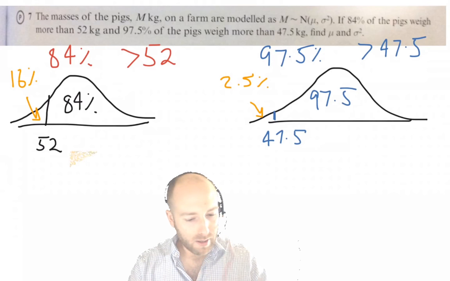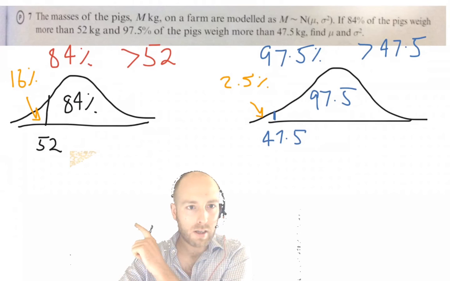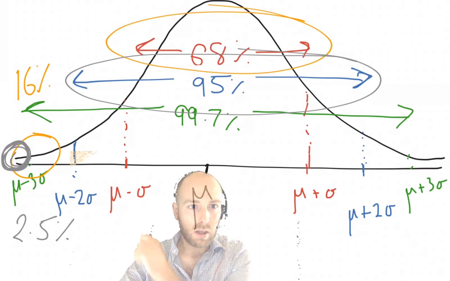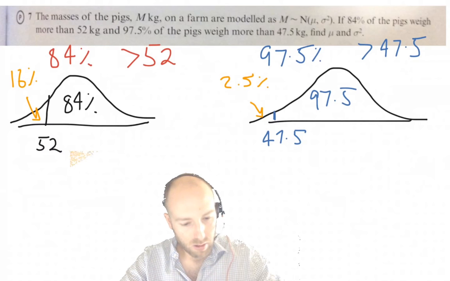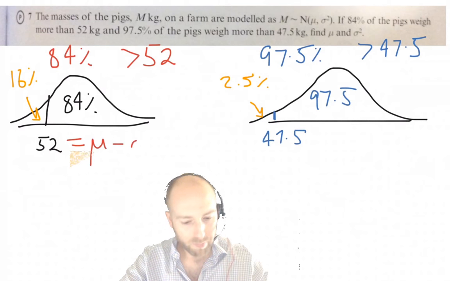So I then know basically that 52 in the first example is the same as, if we look at our first example, 16%, that was the yellow one, so that is mu minus sigma. So I can say 52 equals mu take sigma.